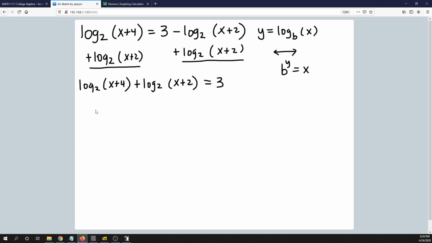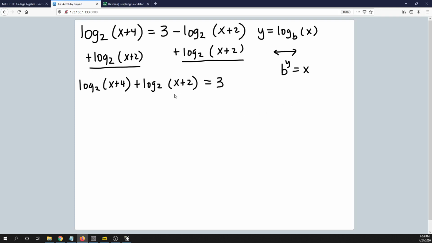So we want to rewrite our equation so it looks like the logarithmic form, and then transform it to the exponential form. That will get rid of the logs, so we can solve for whatever we want.